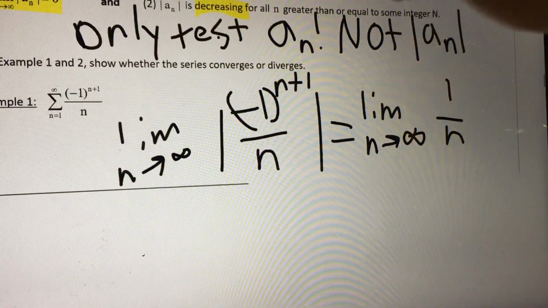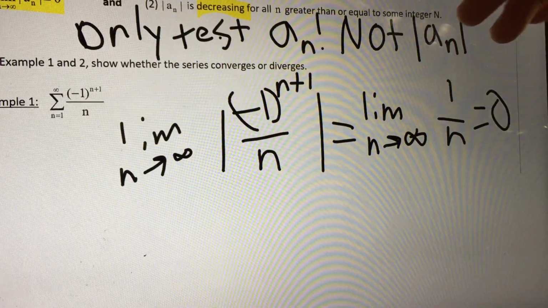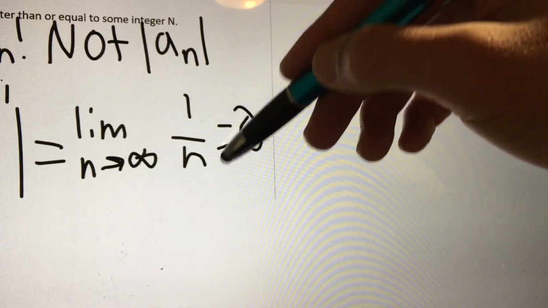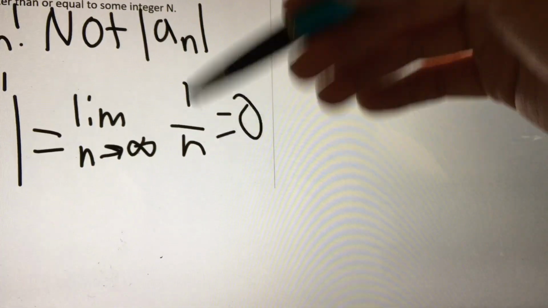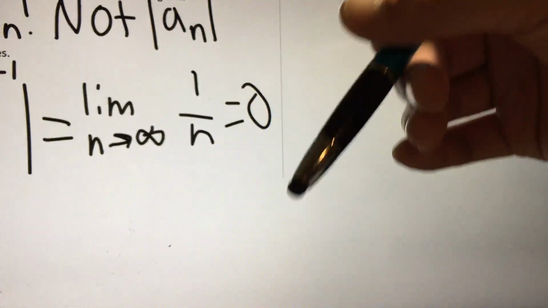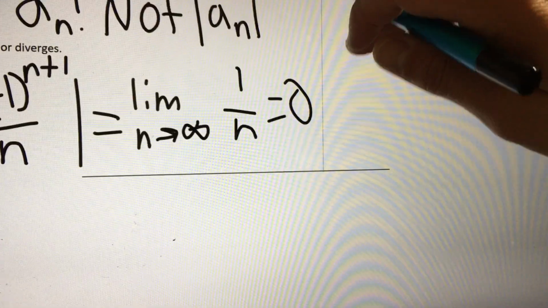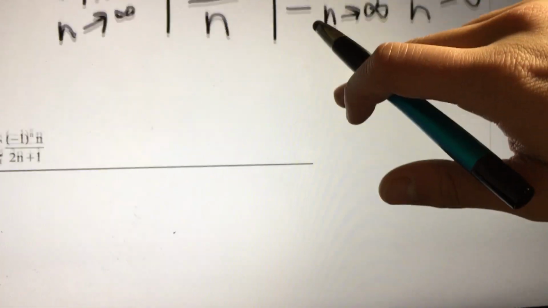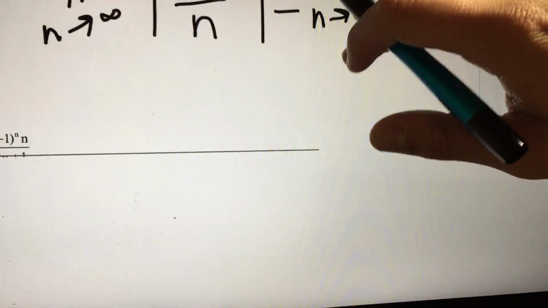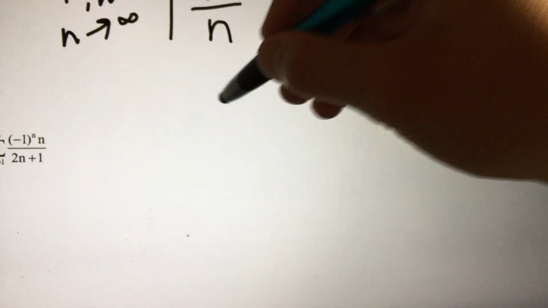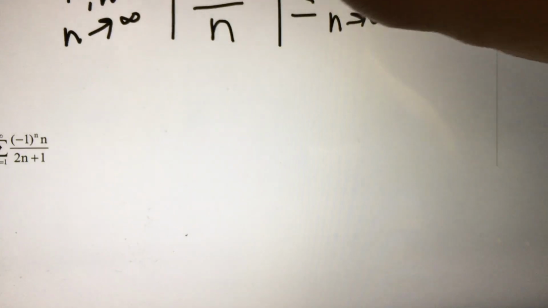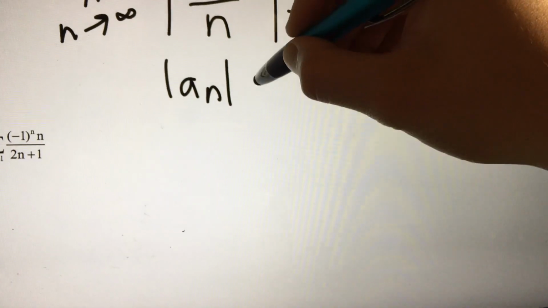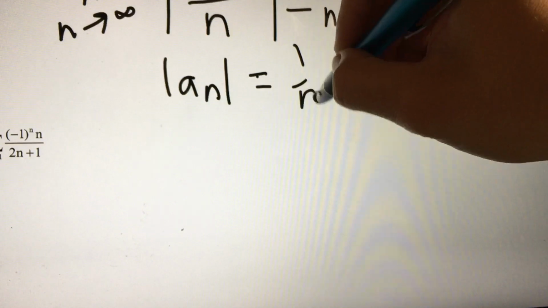It equals 0, because a constant over something increasing will always end up being 0. So that's one part of the test. The second part of the test determines if it's decreasing. We know that a sub n in absolute value equals 1 over n.